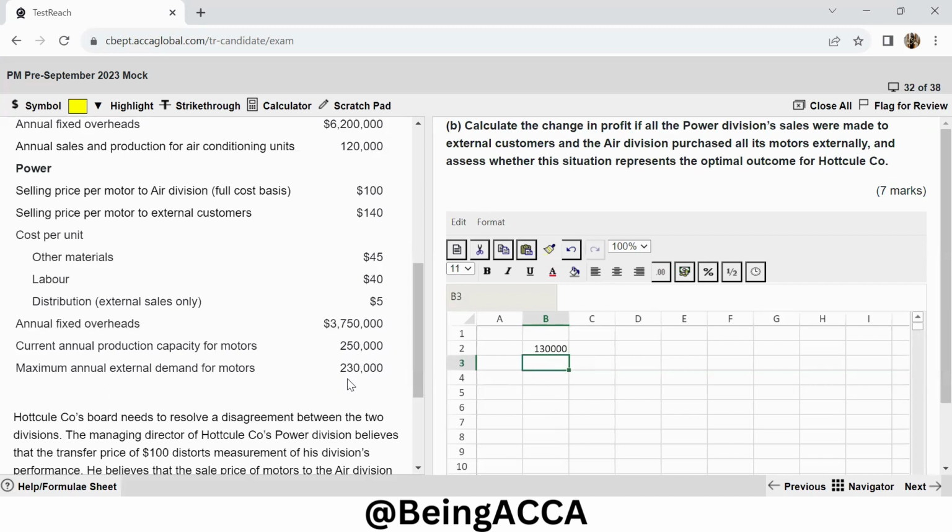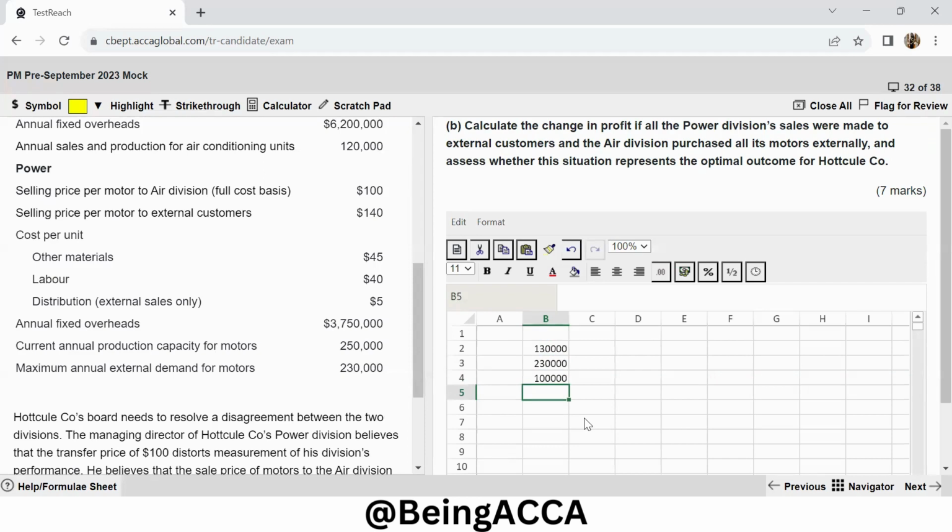Now they will be selling 230,000. So how much is this more? The difference between the two is the extra that we will be selling now, which is 100,000 units.